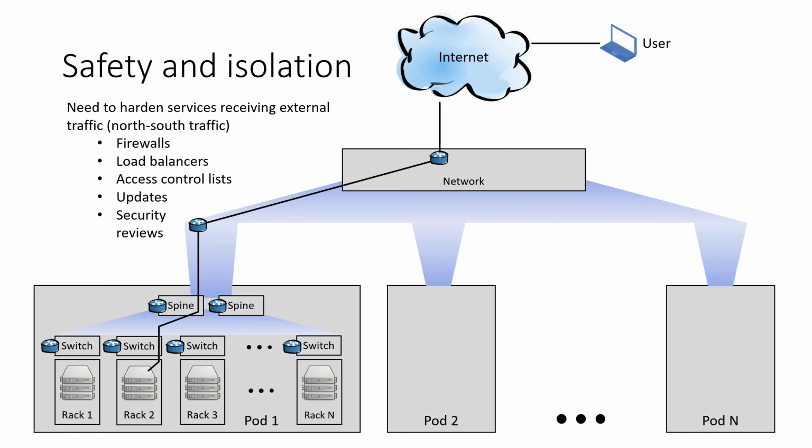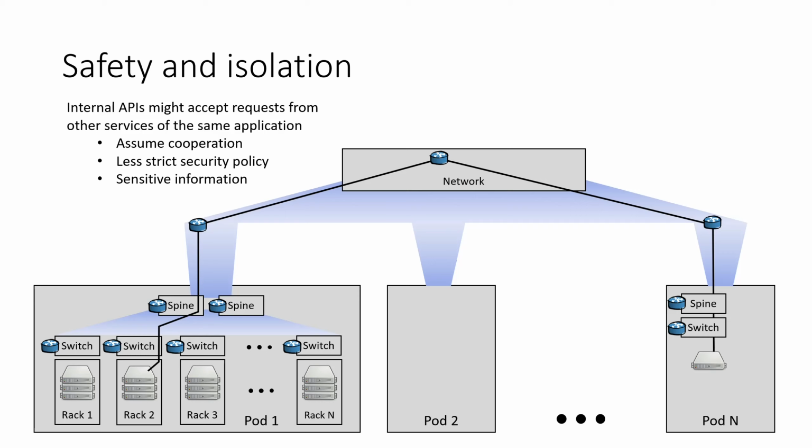However, when our applications communicate between themselves, for example, inside the data center, when we generate east-west traffic, we have one microservice running on this virtual machine and another microservice running on the other virtual machine, and they're going to exchange traffic. So in this scenario, we assume that the microservices cooperate. I mean, we implemented both of them, so it's not like one service is trying to attack the other one. They're just working together to achieve a common goal.